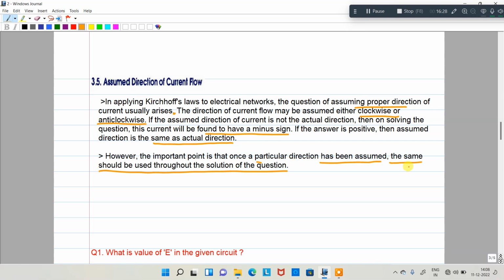If we assume clockwise in one mesh and anti-clockwise in the second mesh of the same question, we will get wrong answers. So throughout the solution, you need to assume only one direction, clockwise or anti-clockwise. That is very, very important.